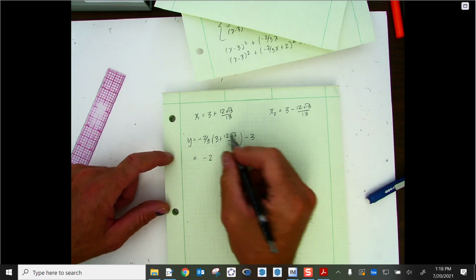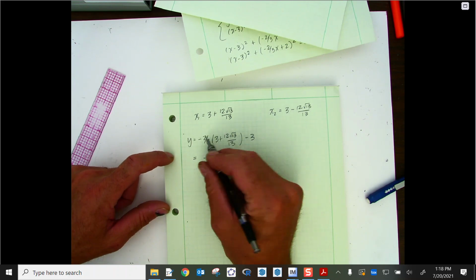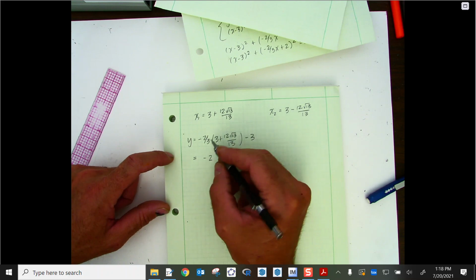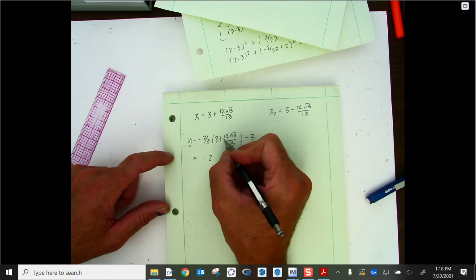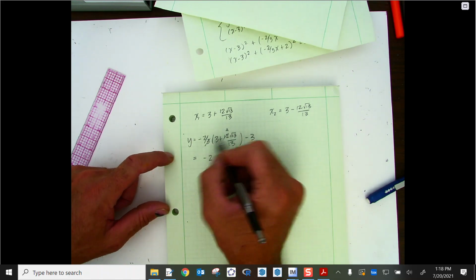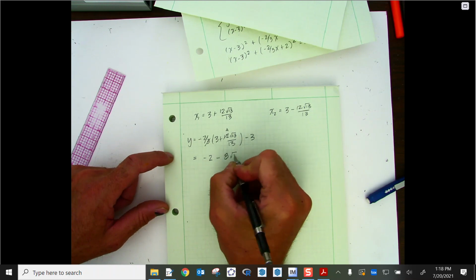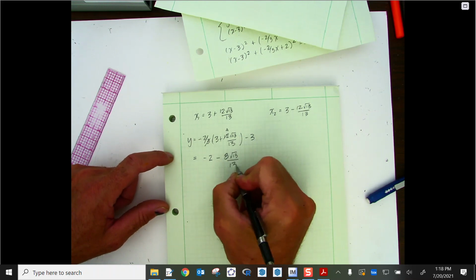When I multiply it across to the 12 root 13 over 13, what do I get? 12 times 2. Oh, here we go. The 3's will cancel, and we'll get a 4 here. And 2 times 4 is 8. So we get negative 8 root 13 all over 13.